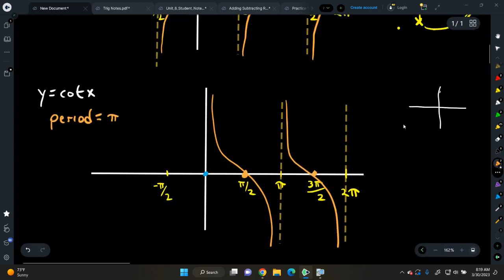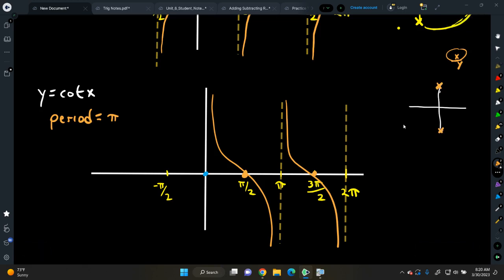Cotangent is going to be 0 because cotangent is x over y. So we're looking to see where x is 0. So cotangent is going to be 0 when x is 0, which is pi over 2 and 3 pi over 2. Okay.